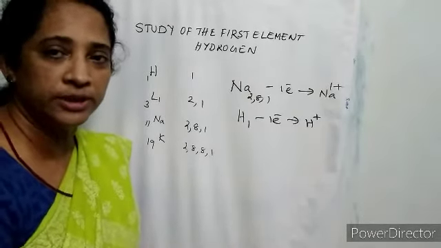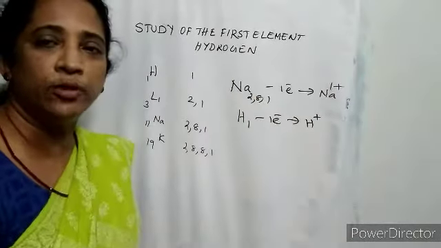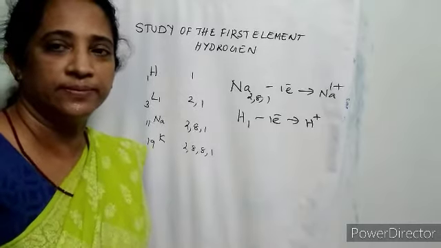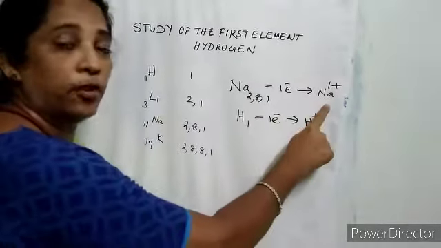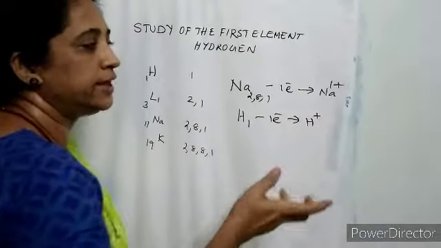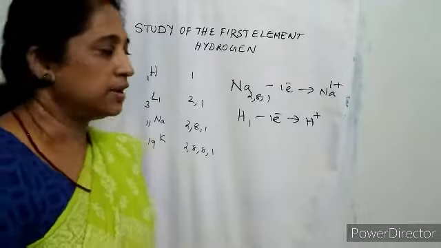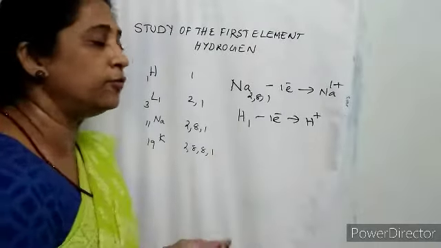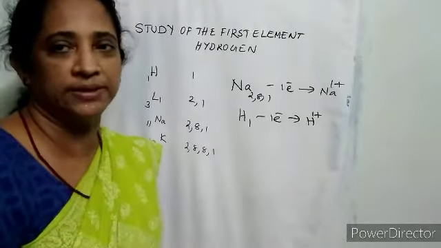Metals are electropositive because they can donate or lose 1 electron and form cations. By the loss of 1 electron, sodium forms an ion. So what is the electrovalency of the sodium ion? 1+. Like that, hydrogen also exhibits a valency of 1+.